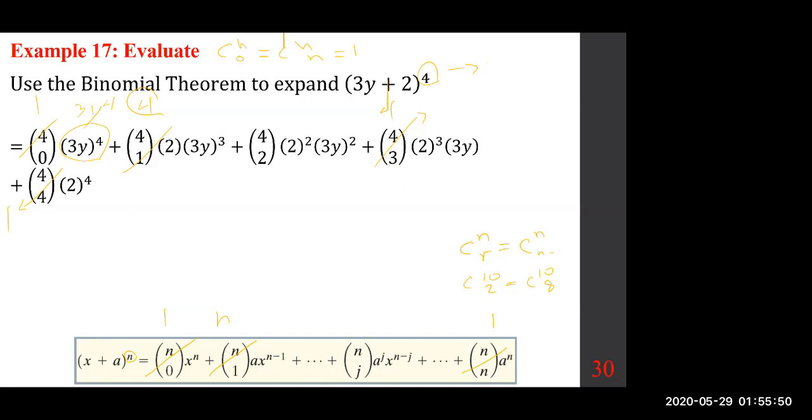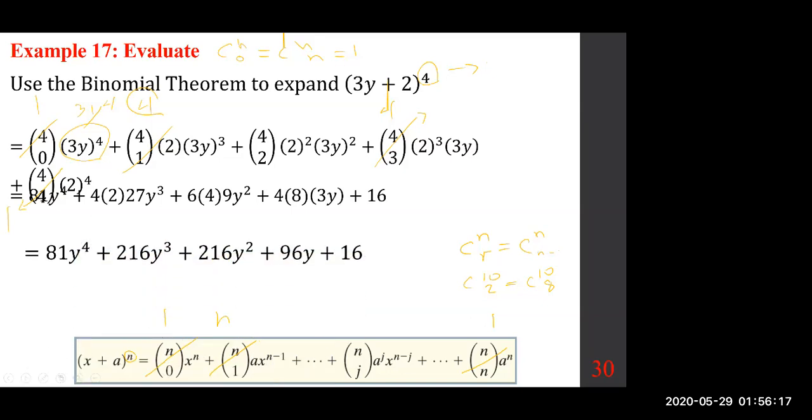So with that being the case, here's the next line. Okay. And here's the final answer.